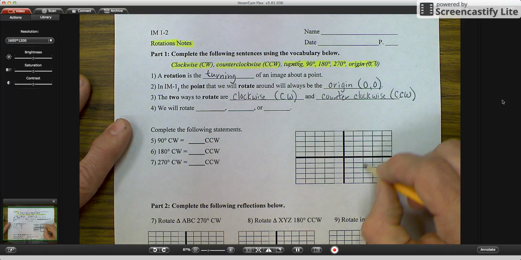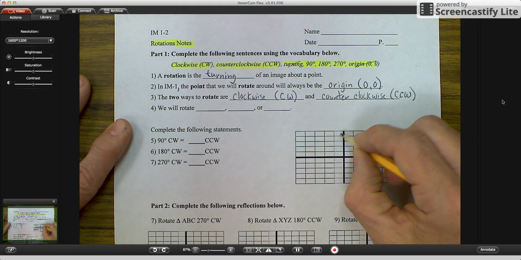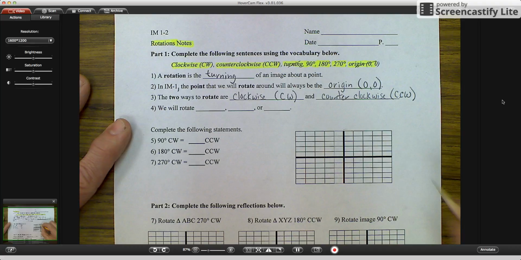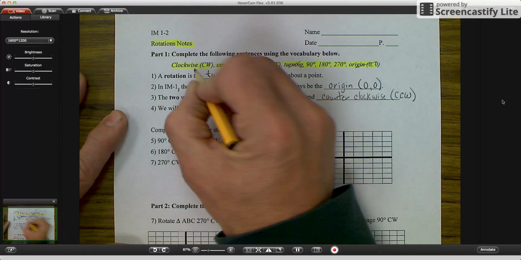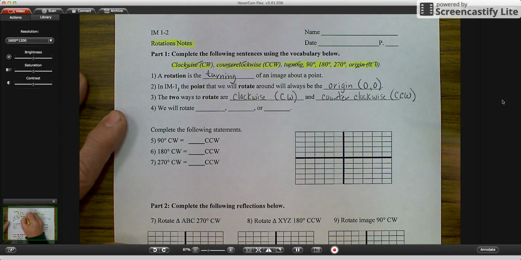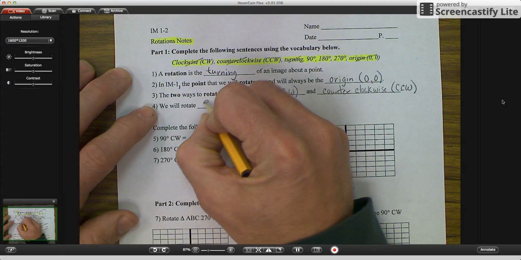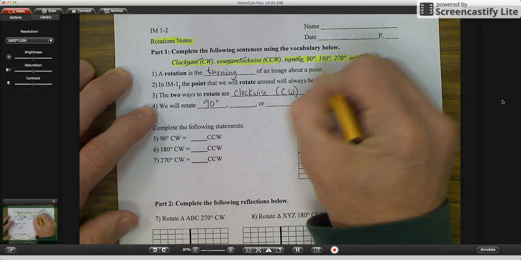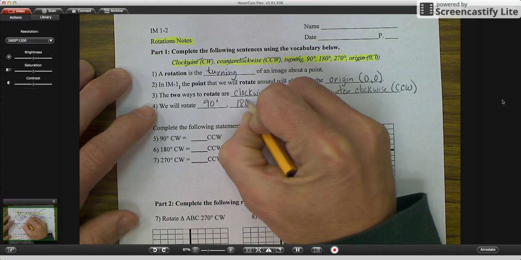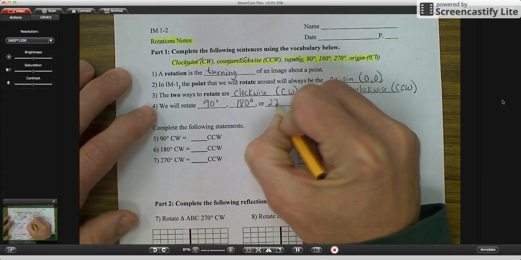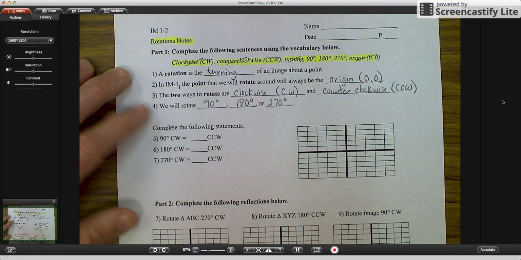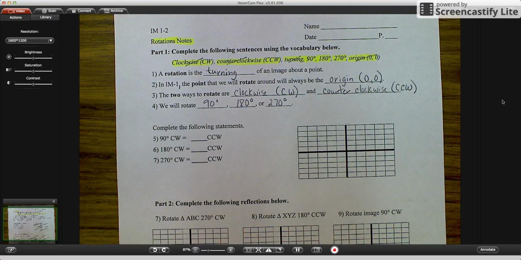So clockwise going to the right in a circular fashion, counterclockwise going to the left. So clockwise we can take off, counterclockwise we can take off. And then it says we will rotate 90 degrees, 180 degrees, and 270 degrees for what we are doing.